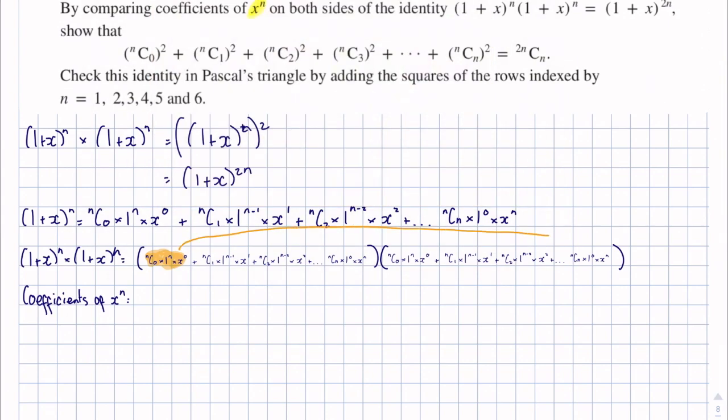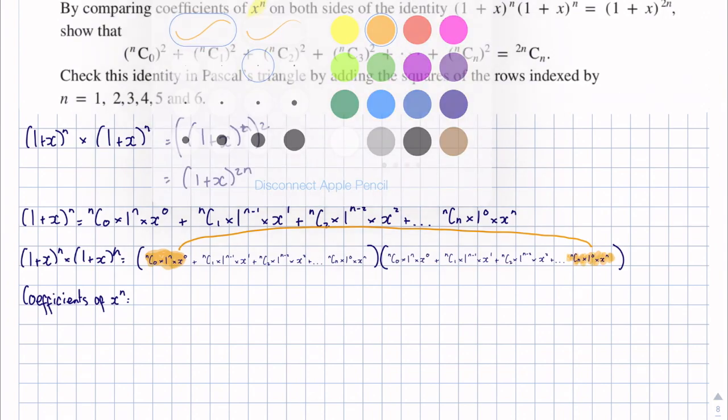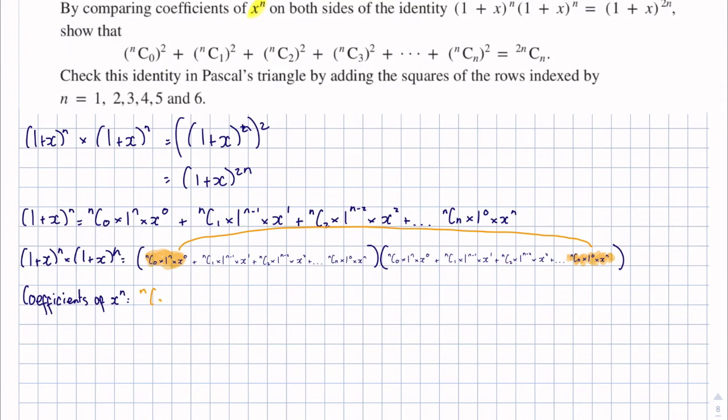We would have to times that by the x^n term to end up with x^n in our answer. So for that one, we would have nC0 times 1^n times x^0 times nCn times 1^0 times x^n.